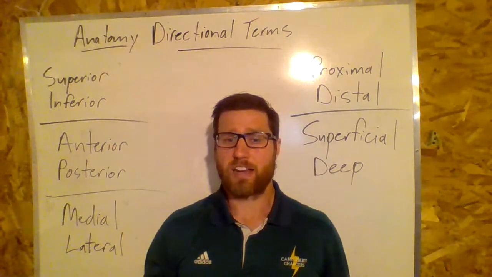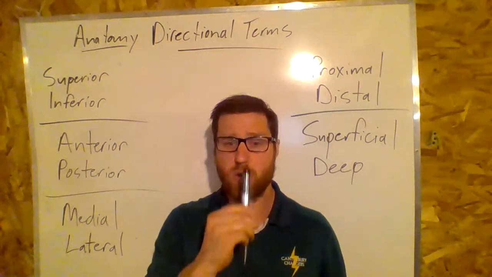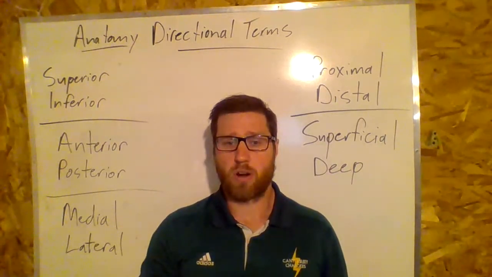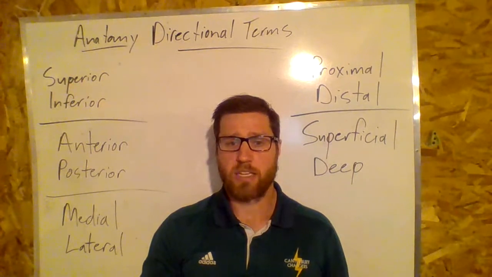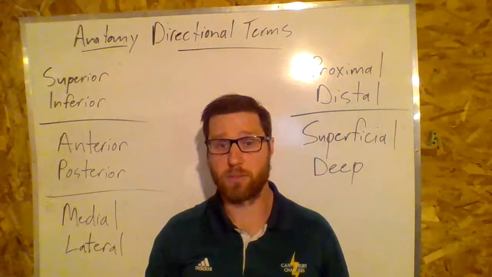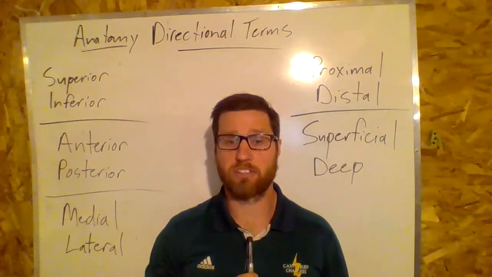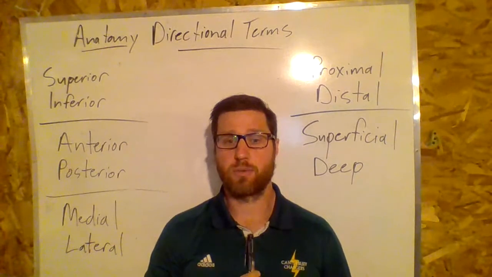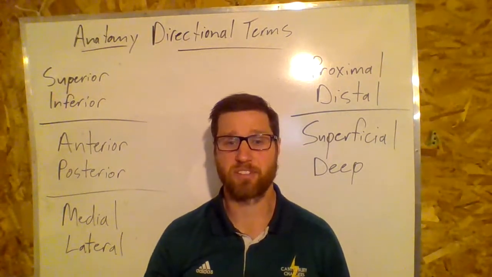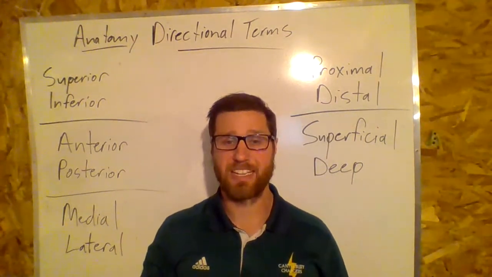So, in anatomical terms, I could say something like my nose is medial to my ears, right? Or my eyes are medial to my ears, or my sternum is medial to my pectoralis major, to my chest muscle. So medial, anything closer to the midline.